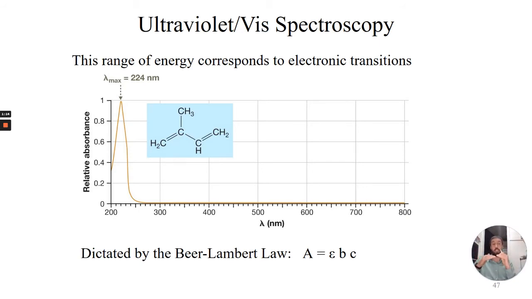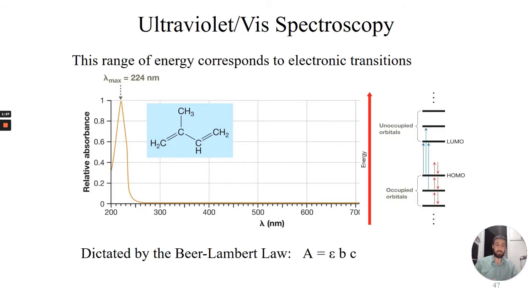So if you change the energy of the pi system, you're going to change the energy, the lambda value, at which you're going to see a spectrum peak appear. So this is where molecular orbital theory kind of comes in. Okay? And don't freak out and panic. What we're looking at is taking electrons from that highest occupied molecular orbital. If you remember, we went through and created molecular orbitals with sigma, pi, and all that fun stuff.